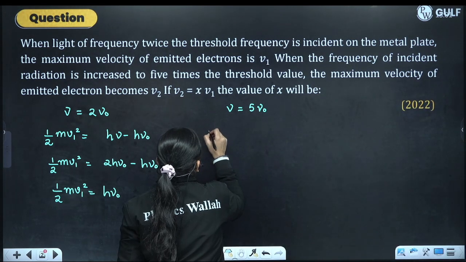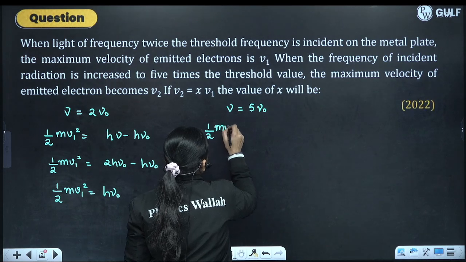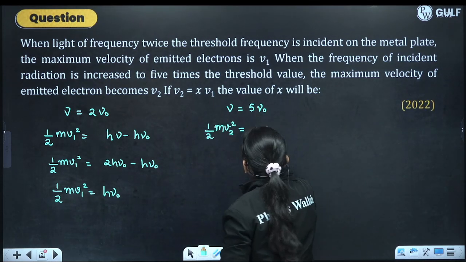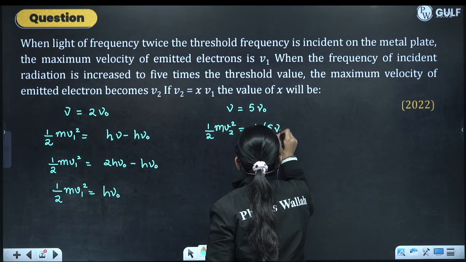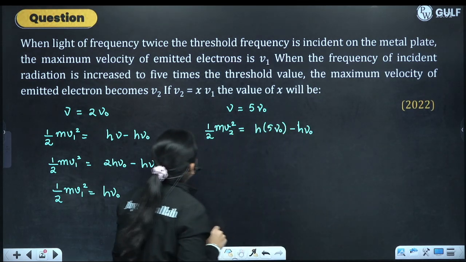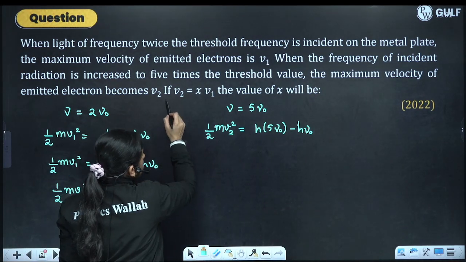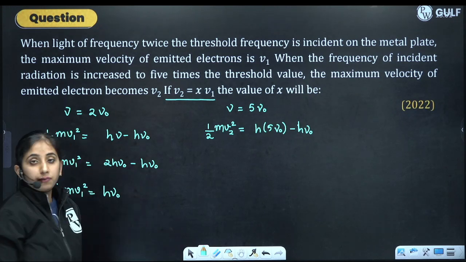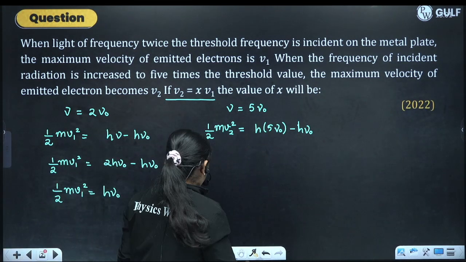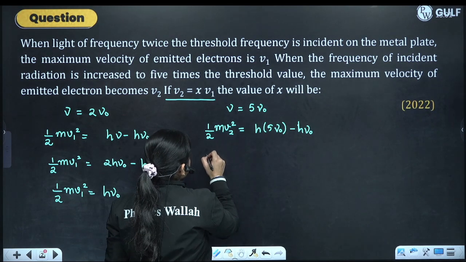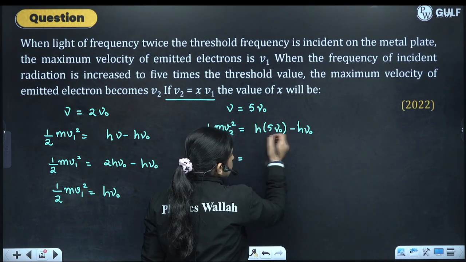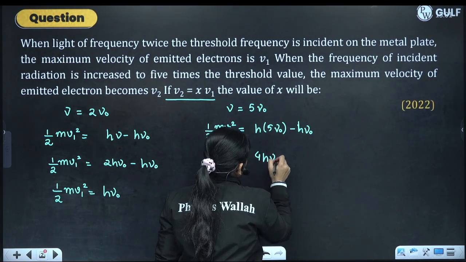Now KE maximum is half m V2 square, which will be equal to h into 5 nu naught minus h nu naught, the work function. We have to find the relation between V2 and V1, that is V2 is equal to x times V1. We have to find x. This is a numerical based question. So we will get half m V2 square is equal to 4h nu naught.